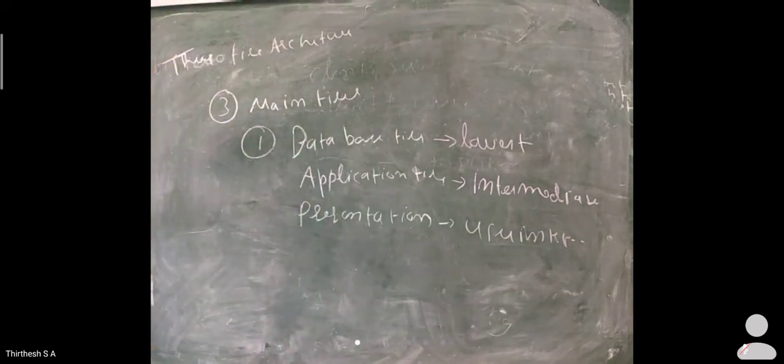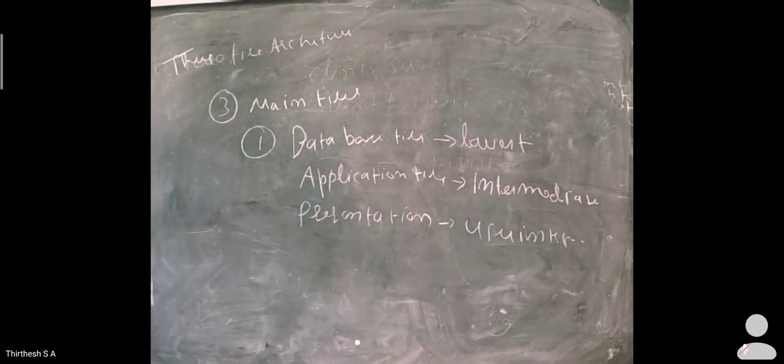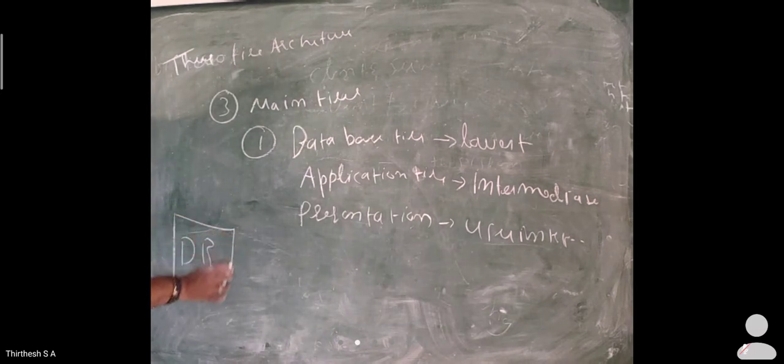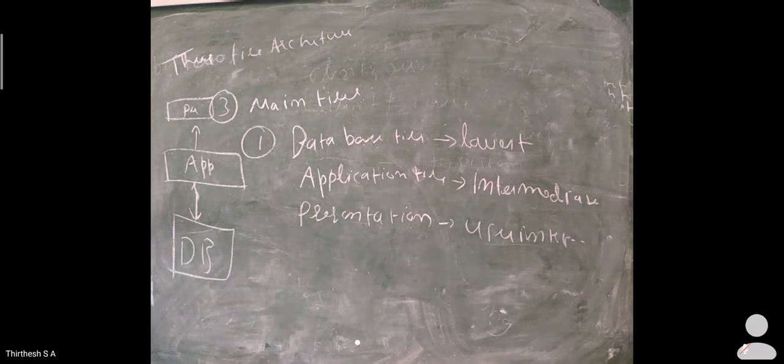So this is the three-tier architecture. How does it come? Here the database is the lowest level, and upon this we have the application layer. After this we have the presentation layer.